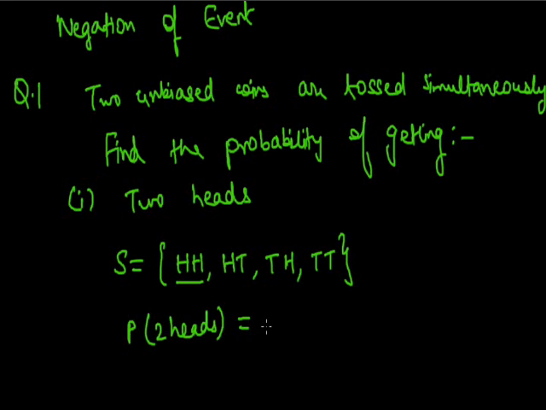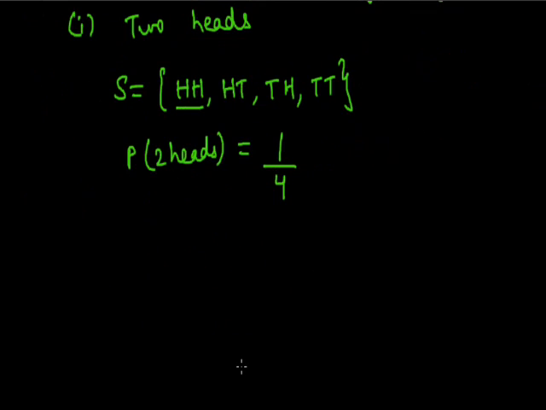There is only one favorable outcome, because in only one outcome we get two heads, and the total number of possible outcomes is 4. So the probability of getting two heads is equal to 1 by 4. In this way we have to solve the problems on probability.